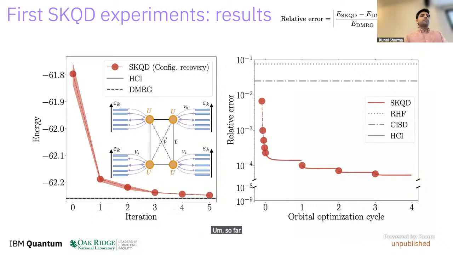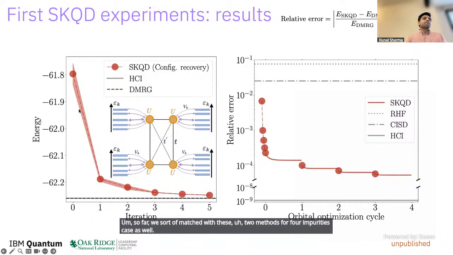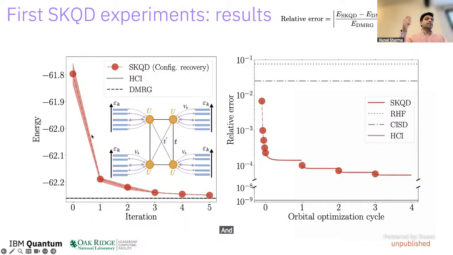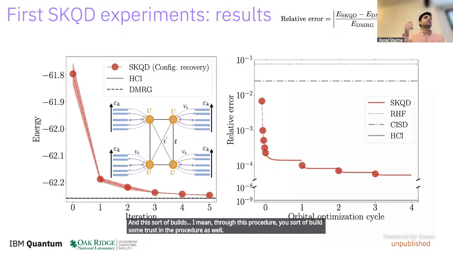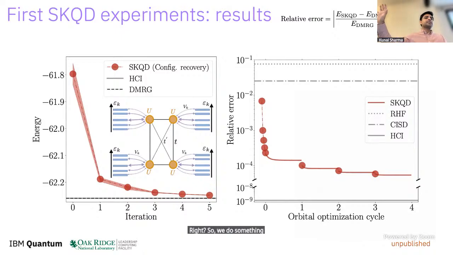So we match these 2 methods for the 4 impurities case as well. Through this procedure, you build some trust in it, right? We do something on the HPC side, some flipping based on a distribution that we have defined, but that procedure at least converges to the right answer.